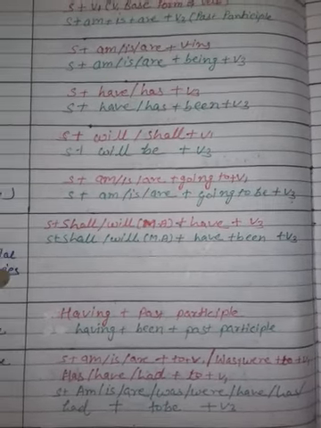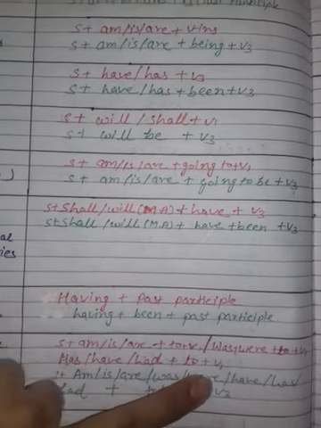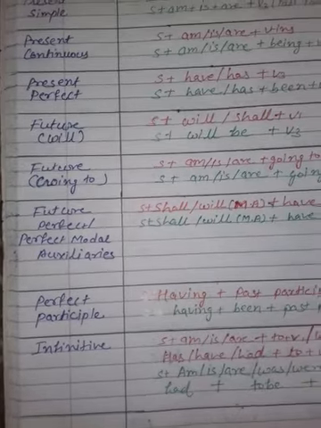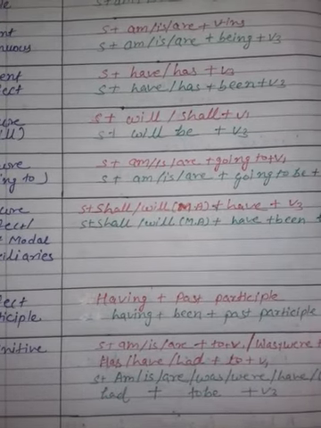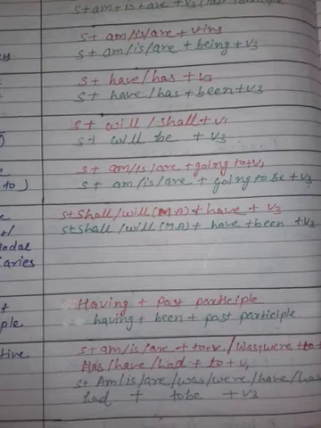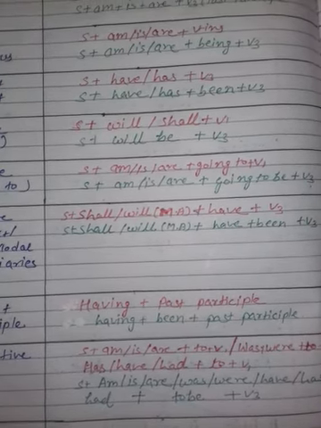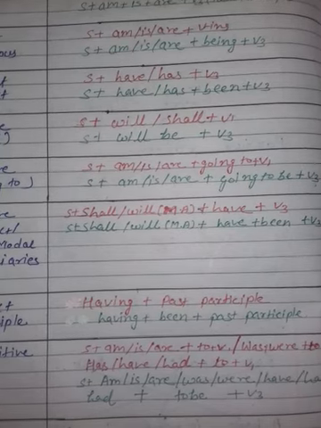Okay, so now we are going on to the next tense, future perfect and perfect modal auxiliaries. Subject plus shall/will, the modal auxiliary, please remember here we also use have plus v3.